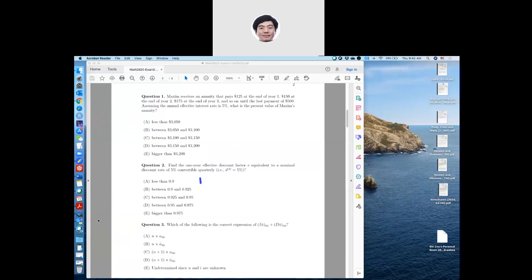Let me close. Somehow I lost it. Let me put it in my Notability. That's probably better because I constantly lost my pen down there.